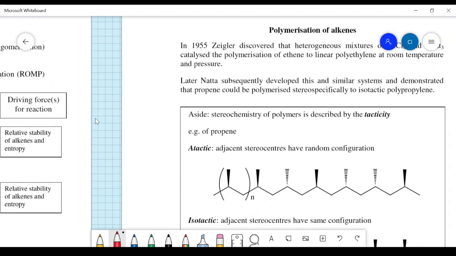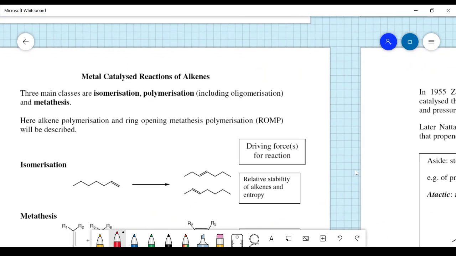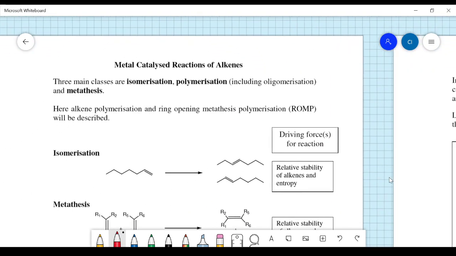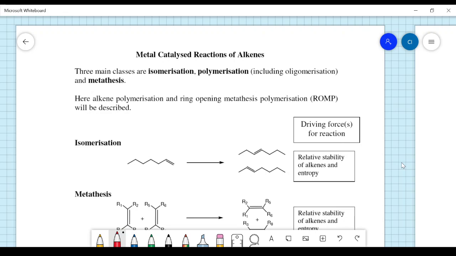Okay, so now let us move over to what these metal catalyzed reactions mean. Here, I think you know about polymerization and oligomerization, that also you have seen in the organometallics. Here, alkene polymerization and ring opening metathesis polymerization is there.